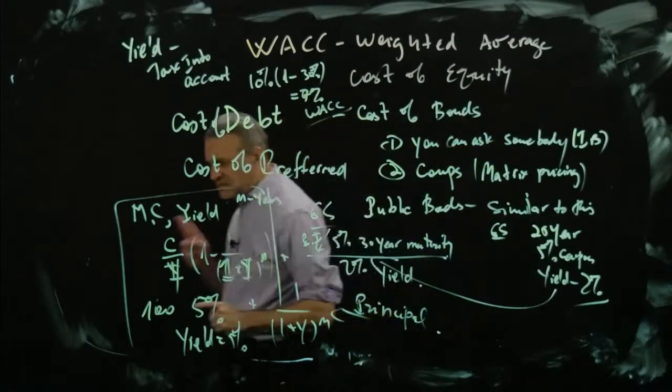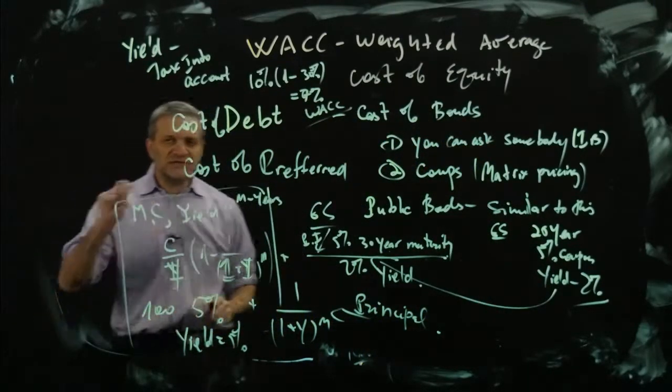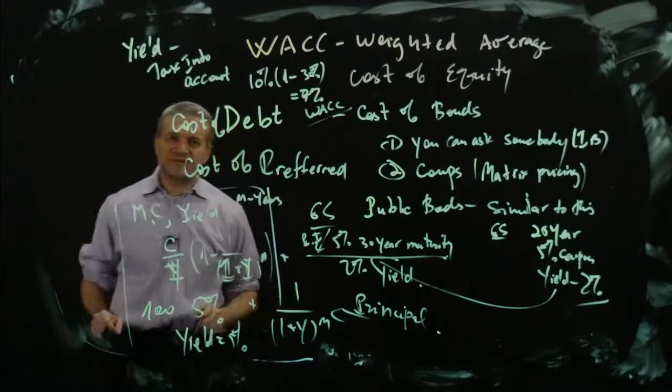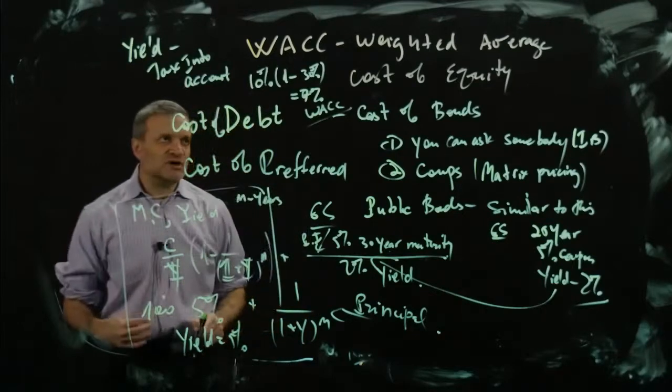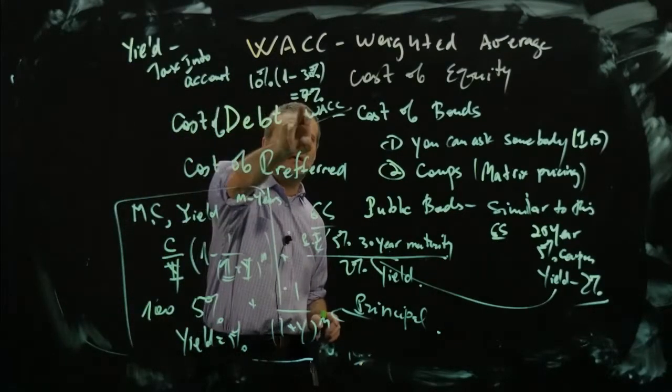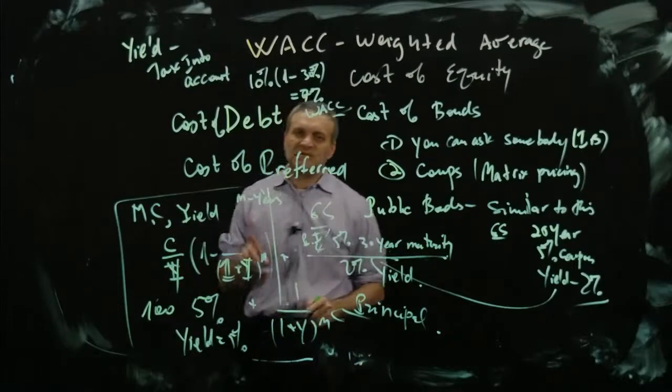Whatever the company pays, let's say a 10% coupon, the deduction comes back to it, so it's not going to be 10, it's going to be 7. So it can make a difference.